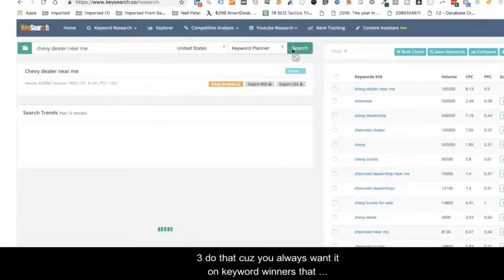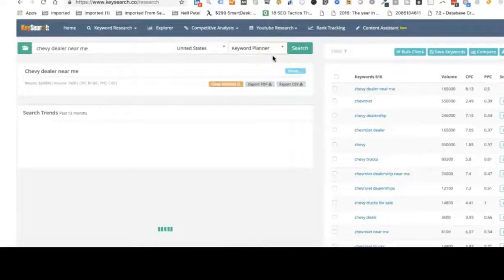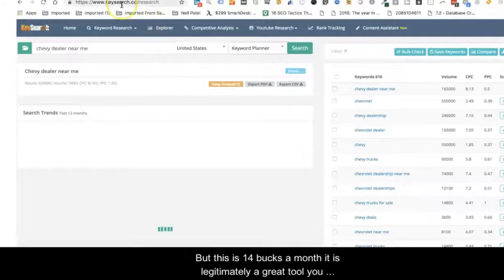And I might have to redo that because you always want it on Keyword Planner, so that might be my fault. But this is $14 a month. It is legitimately a great tool.